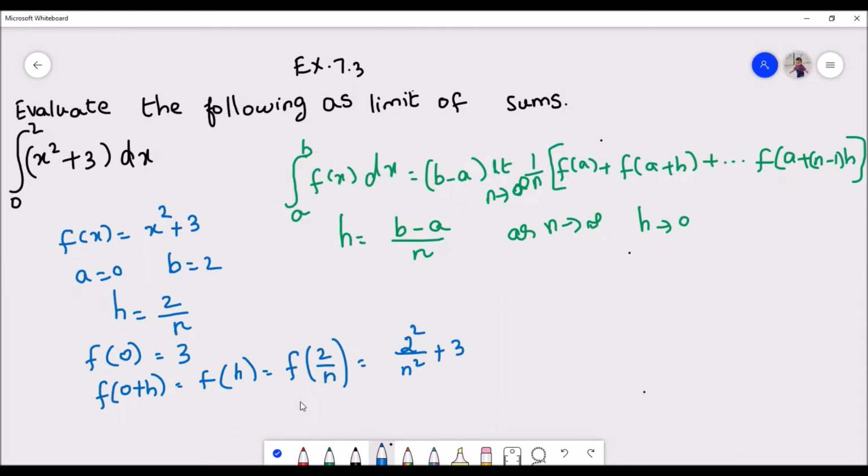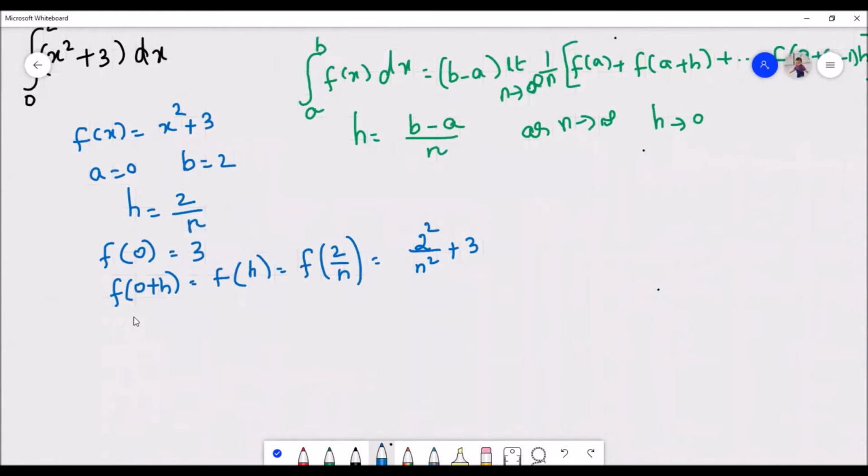Now let us find one more value. F of 0 plus 2h is f of 2h, and h is 2 by n, so f of 2h is f of 4 by n. And f of x is x square plus 3, so f of 4 by n is 4 square divided by n square plus 3.